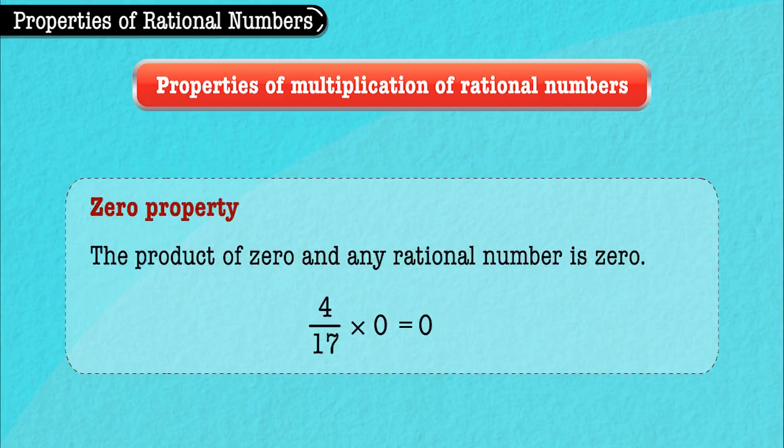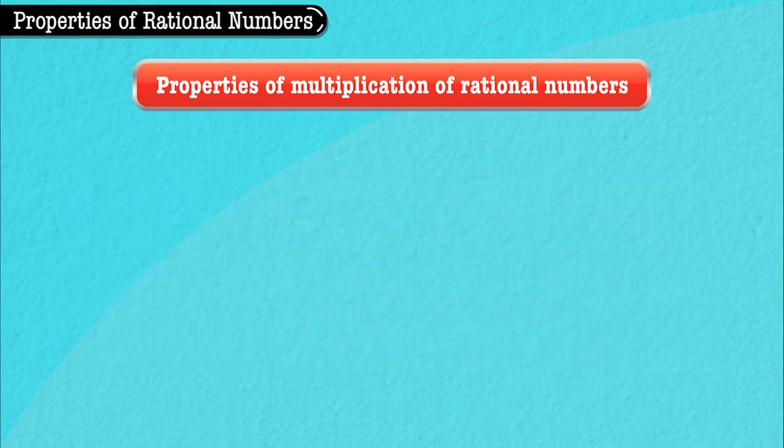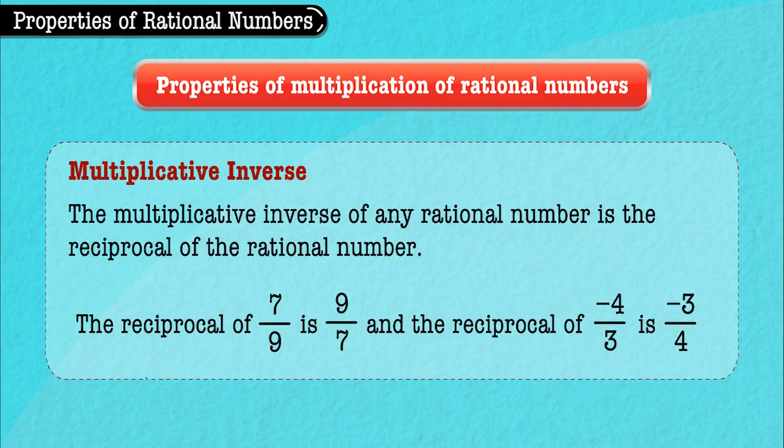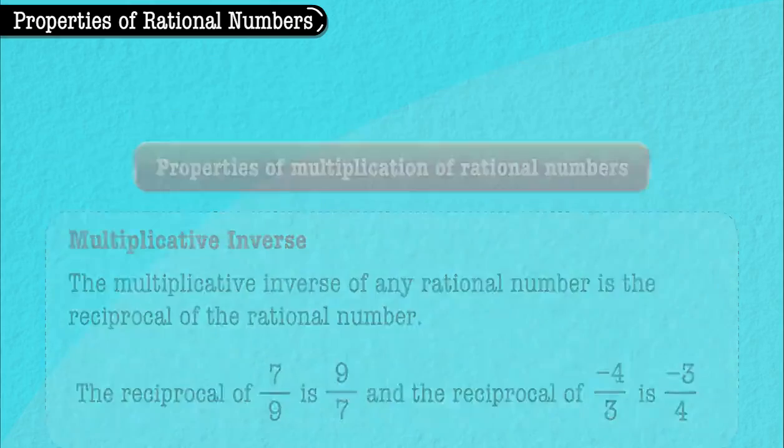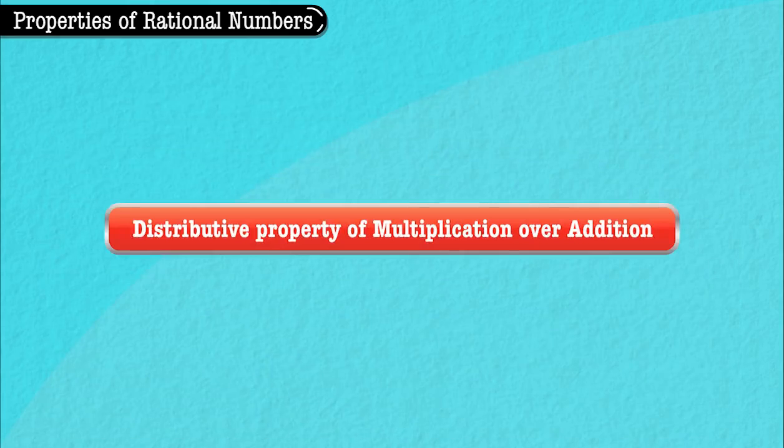0 property. The product of 0 and any rational number is 0. Multiplicative inverse. The multiplicative inverse of any rational number is the reciprocal of the rational number. Distributive property of multiplication over addition.